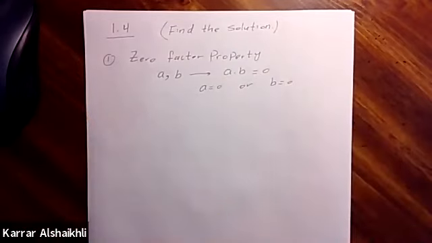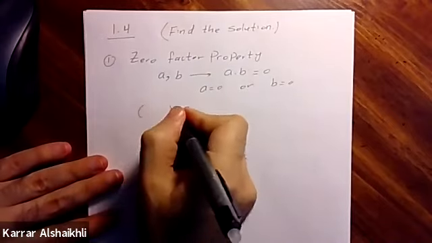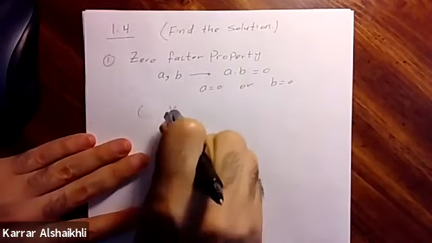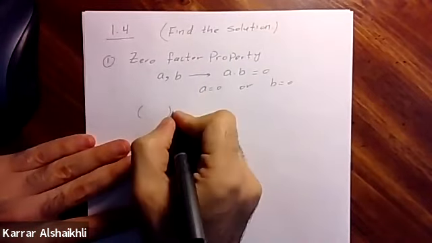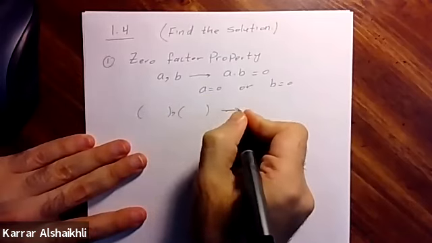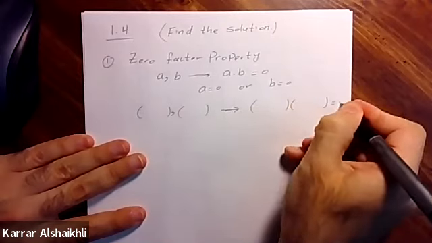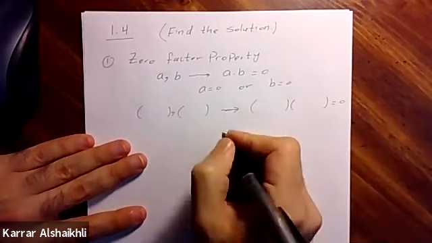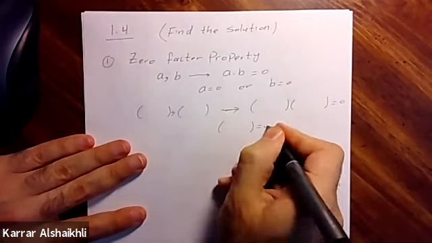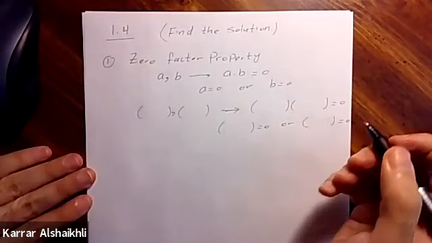I'm going to extend this property, because we're going to use this one. If you have two parentheses and the multiplication of these two parentheses equals 0, that means the first parentheses equals 0 or the second parentheses equals 0.